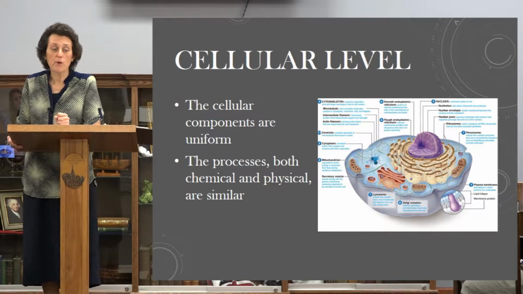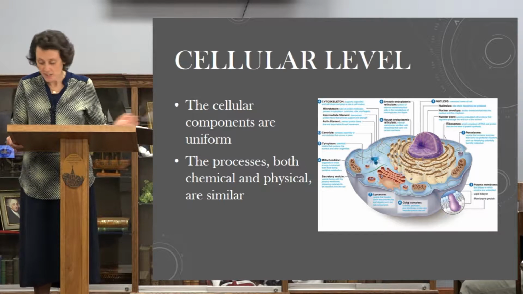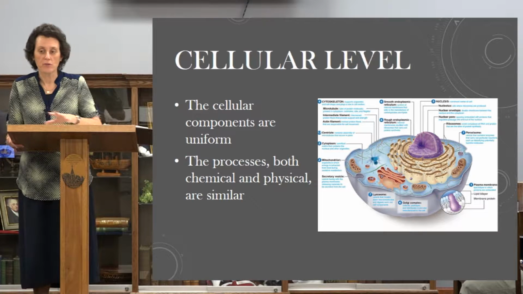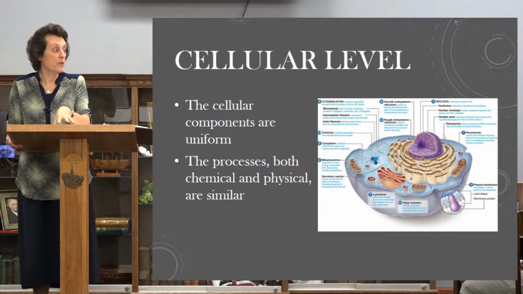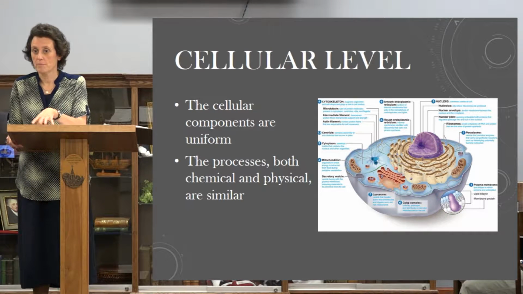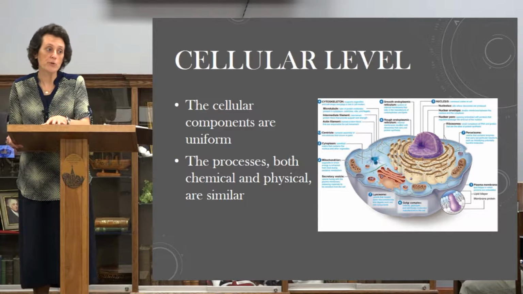Also, cellular components, the parts that make up a cell, are uniform. There are basically two types of cells. Prokaryotic cells, which are bacteria, and then eukaryotic cells, which are all the rest of the cell types. Plant cells, animal cells, your cells, etc. Those are eukaryotic cells.